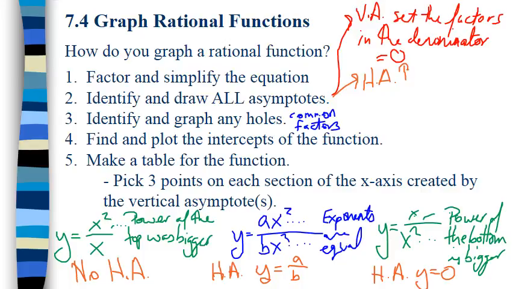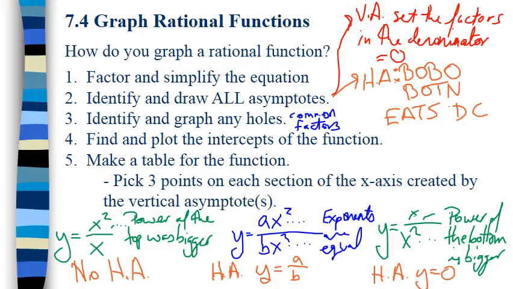If it's bigger on the bottom, the asymptote is 0. If it's bigger on the top, there's no asymptote. If the exponents are the same, you divide the coefficients. So Bobo Botten eats DC.